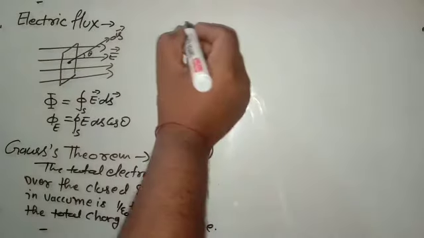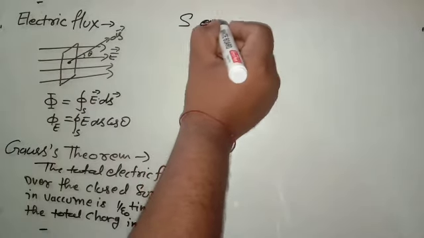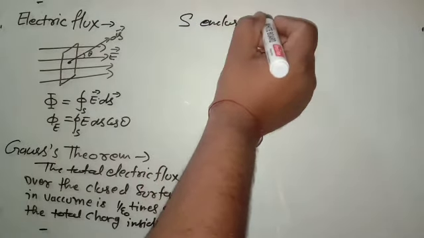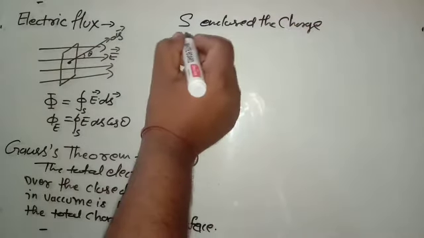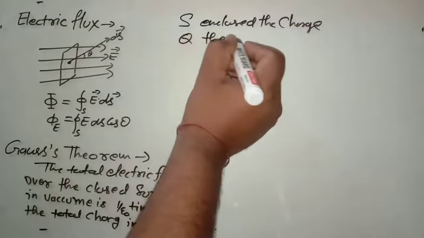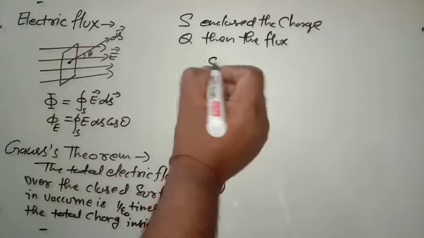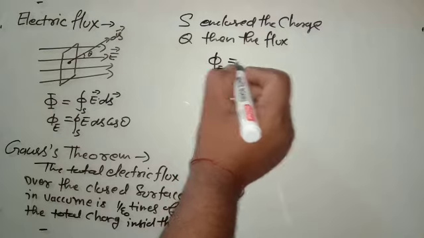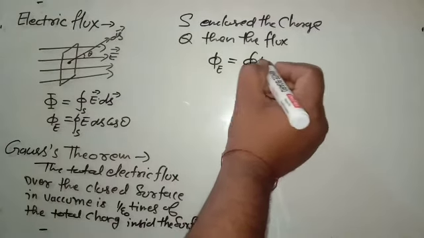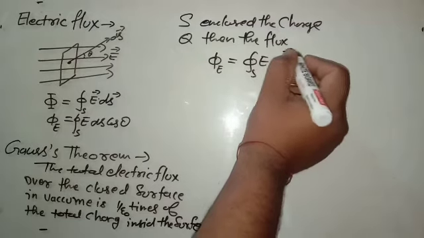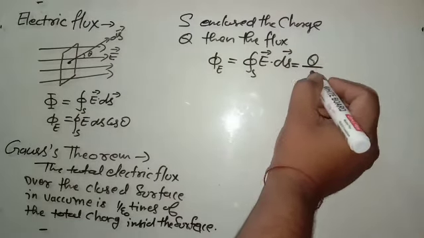If we consider the surface which has area S enclosing the charge Q, then the flux phi is equal to the surface integral of E dot ds, which is equal to 1 upon epsilon naught times the total amount of charge.